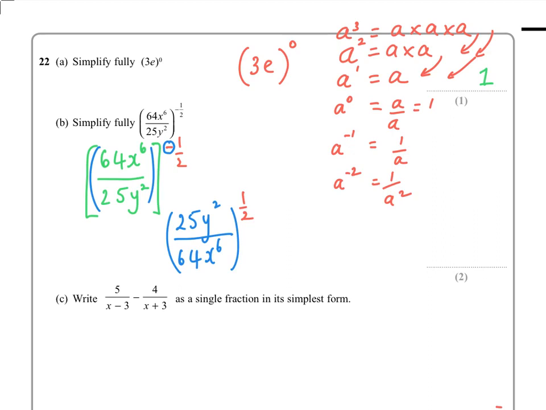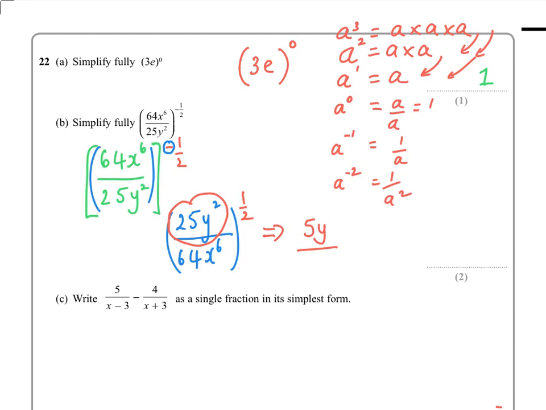And then to the power half is the same as square root. So you've got to think to yourself, what times itself gives 25y squared? Well, what times itself gives 25? That's 5. And what times itself gives y squared? Well, that's y. And then just check it. Does 5y times 5y equal 25y squared? Yes, it does. Now, you've got 64 x to the 6.